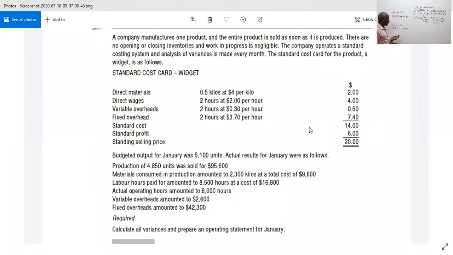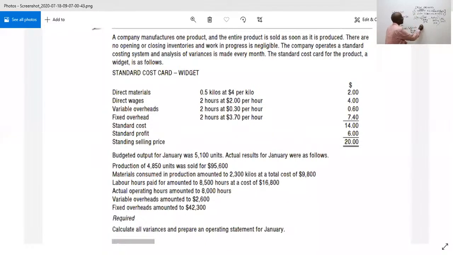And then we have the actual quantity sold. From the actual information, the actual production was 4850 units, and we are told that the total sales revenue equals 95,600 dollars.